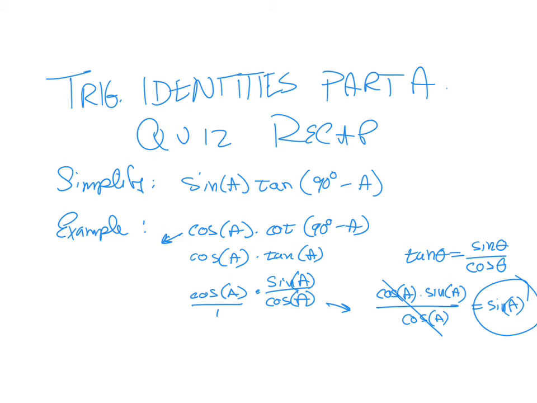So remember, cosine and sine are cofunctions, and if I have cosine of A, that would be equal to the sine of the complement.